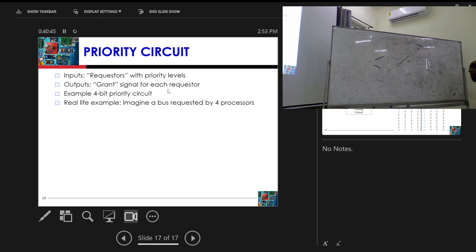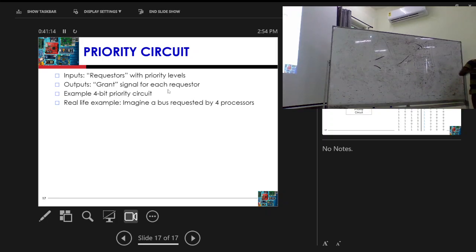Okay, so what happens is that even before all this, the bus assigns the one that has the highest what? Priority. So it assigns priority to each of the components attached to it. So it assigns CPU to be 3, memory to be 2, and I/O to be 1.